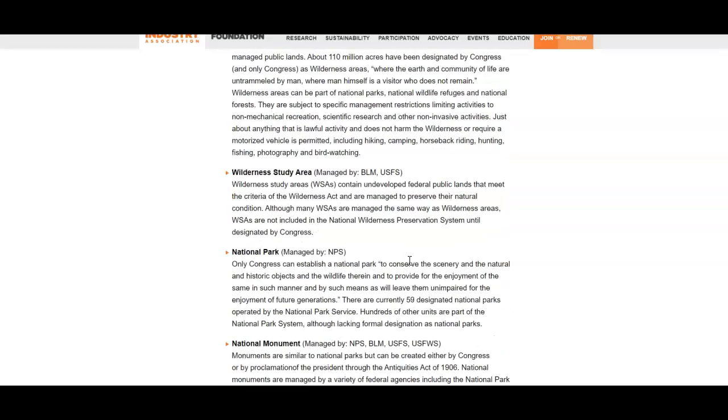Let's see. Wilderness Study Area is the next designation I want to talk about. So, wilderness study areas are often a gateway for a piece of land to eventually become a wilderness area. But there are plenty of wilderness study areas that will never become wilderness.